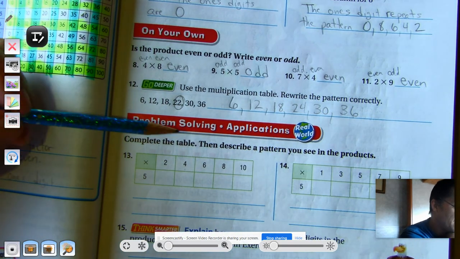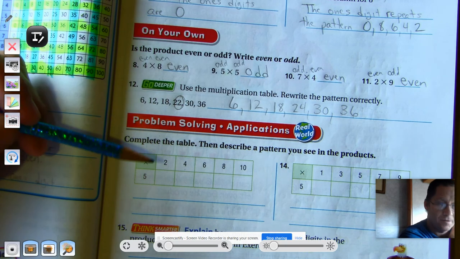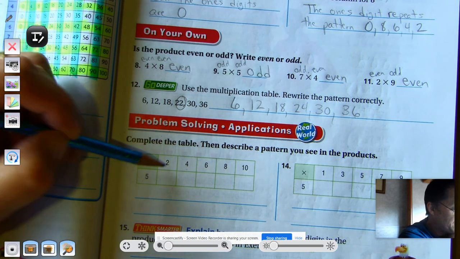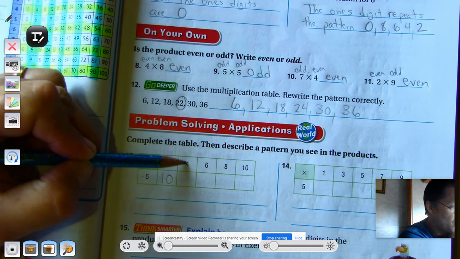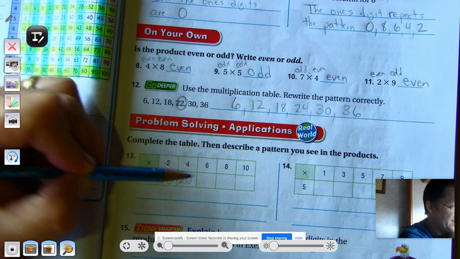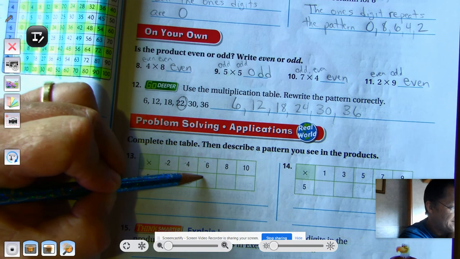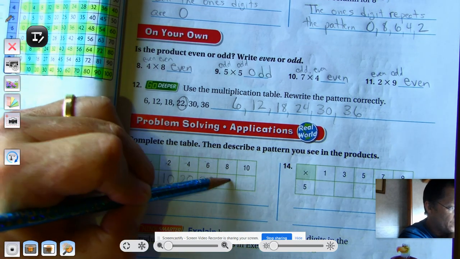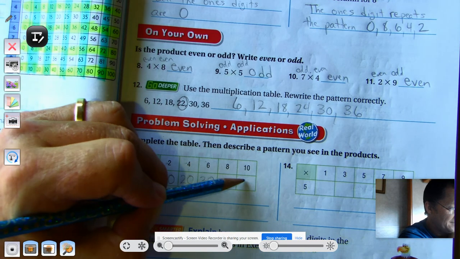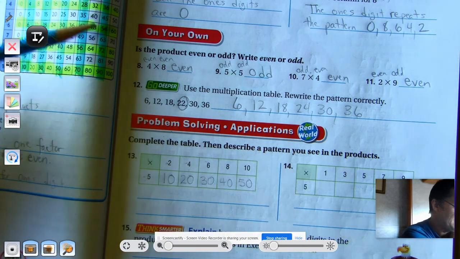Complete the table and describe a pattern you see in the products. All right, 5 times 2, 10. 5 times 4, 20. 5 times 6, 30. 5 times 8, 40. 5 times 10, 50.